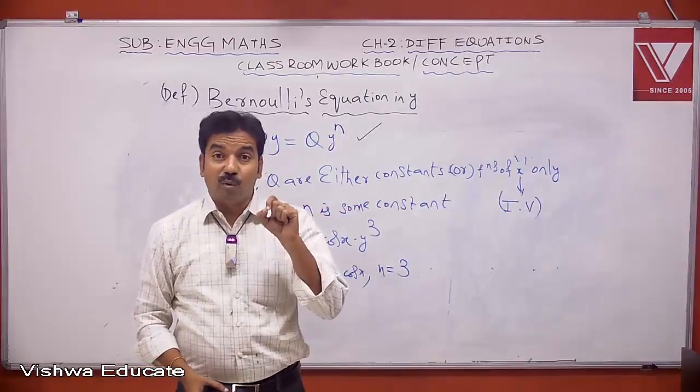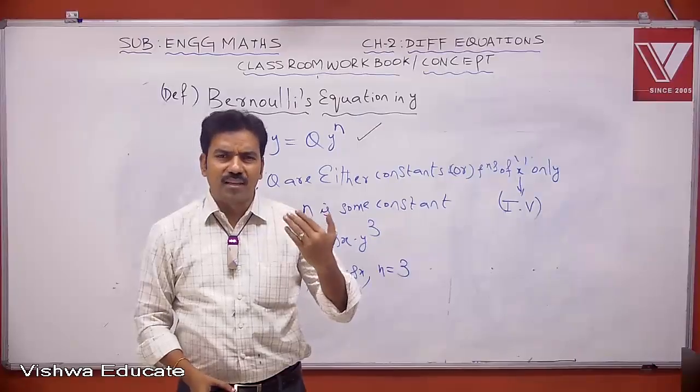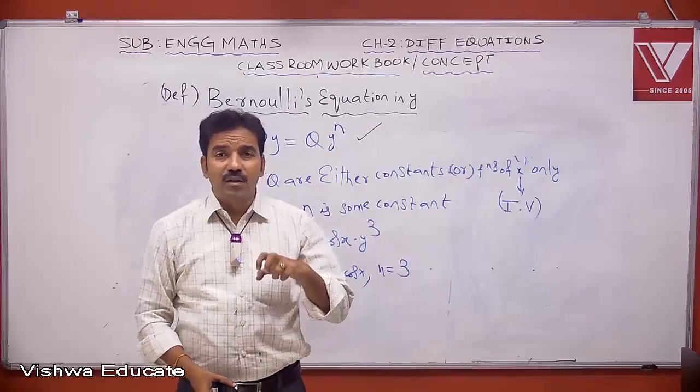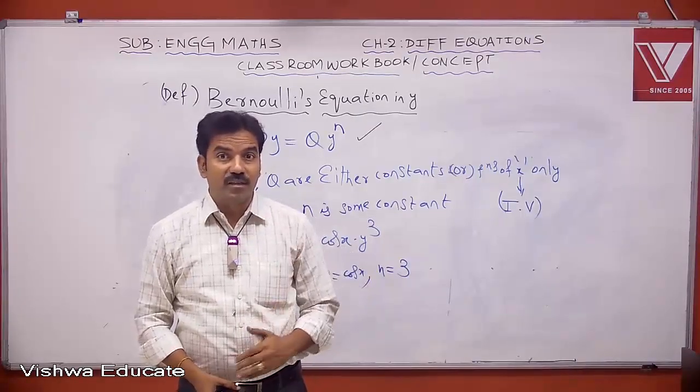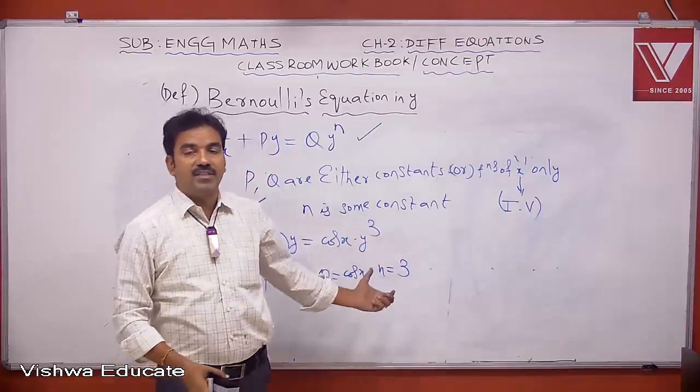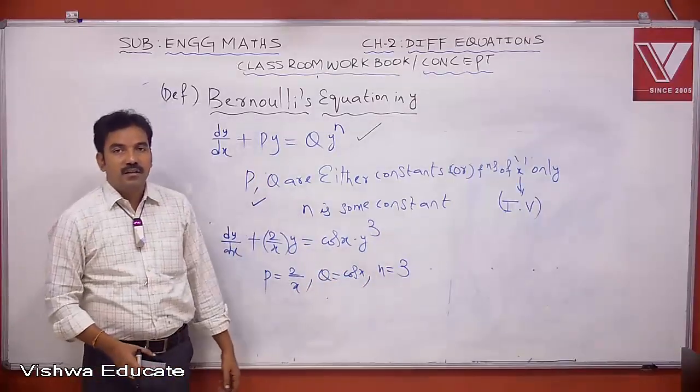At the place of x, you write independent variable, because in the examination, if they change variables, you don't think that always x must be there. It is the independent variable, and n is some constant.